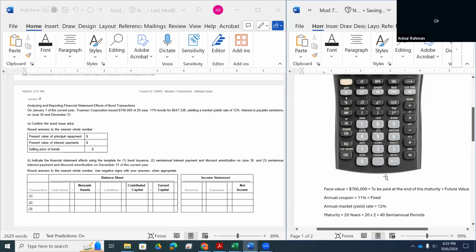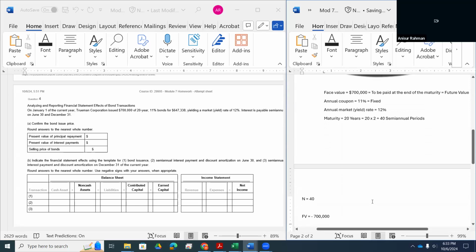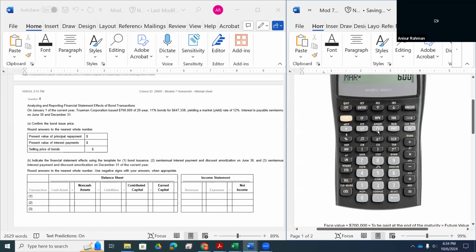And then our I over Y. Interest is payable semi-annually, and this interest rate is the market interest rate, 12%. So 12 divided by 2 will be 6. For our financial calculator purposes, we will ignore the percent sign. The next key we have is PV. We have to find out PV, present value.